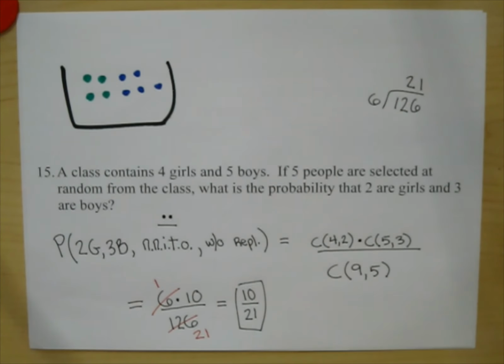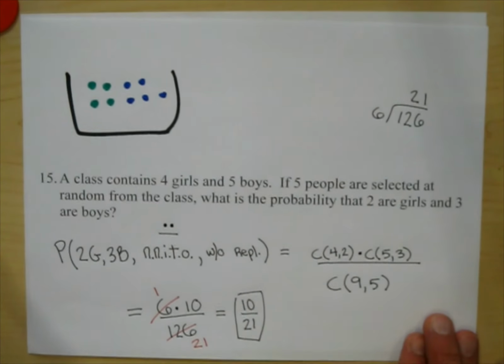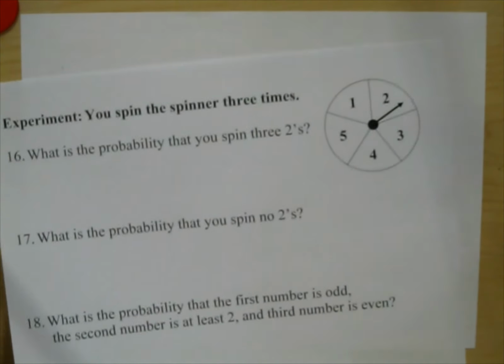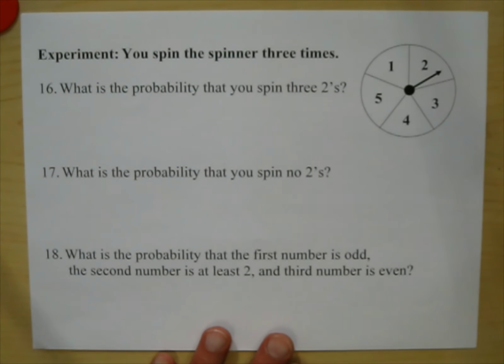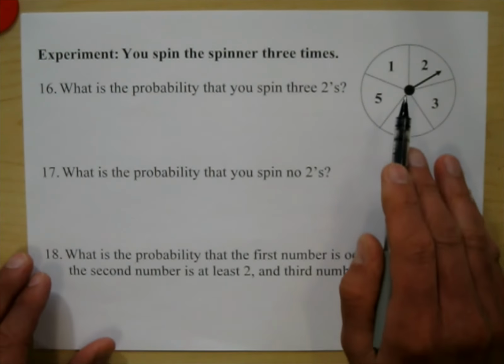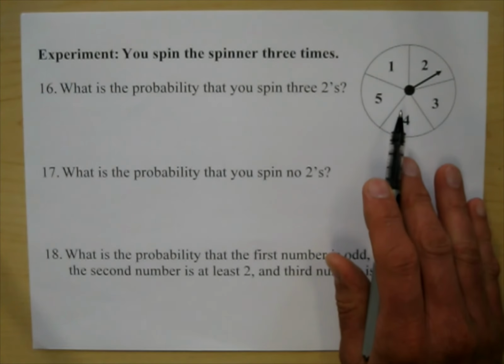What strategies should you use when you play the spinner game? And that's going to shock a lot of you. Okay, experiment. You spin the spinner 3 times. Here's the spinner. So we're going to spin that 3 times.